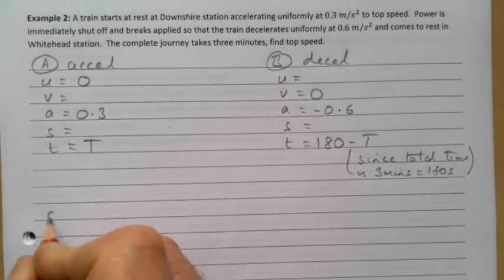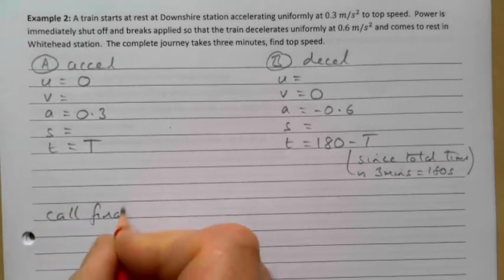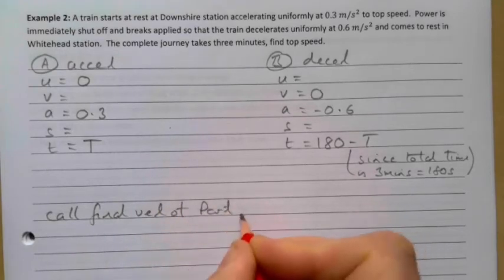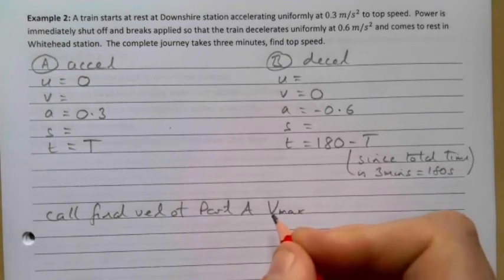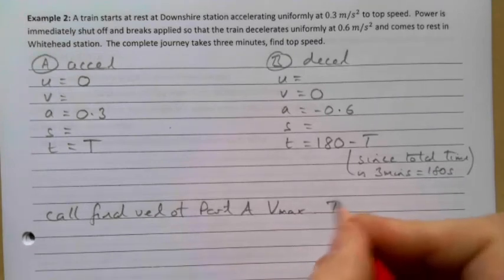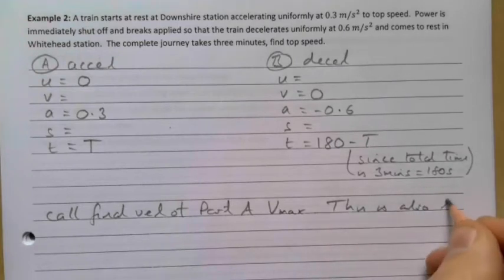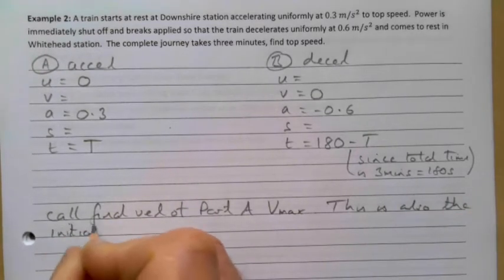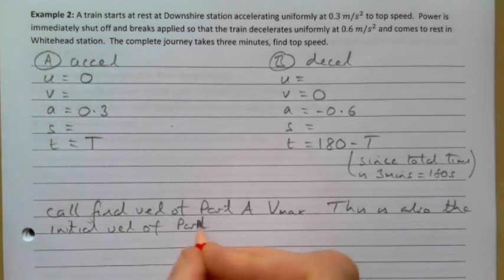We're then going to call the final velocity of part A V max, as in that's the biggest speed it goes at. This is also the initial velocity of part B. I hope that makes sense.